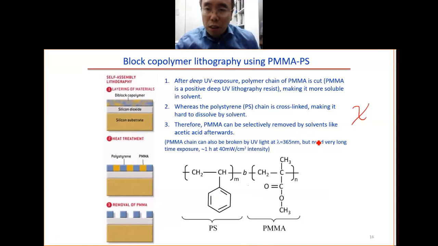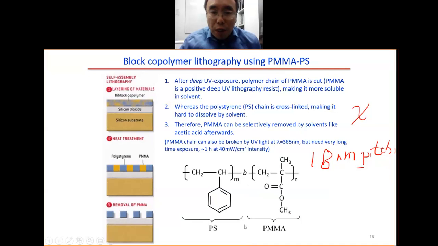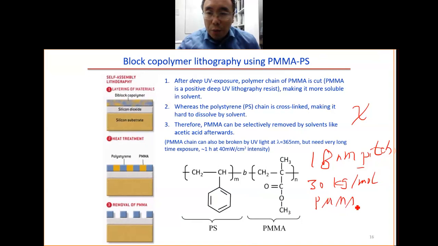Still, it is good. It can give you 18 nanometer pitch, the smallest pitch for the PMMA and polystyrene block polymer. We have about 30 kilograms per mole PMMA block, 30 kilograms per mole polystyrene.